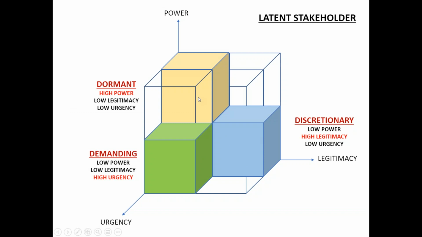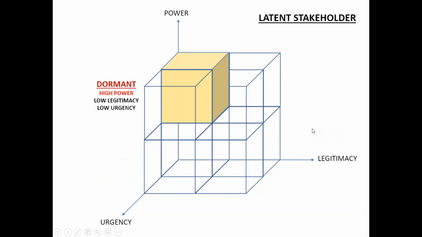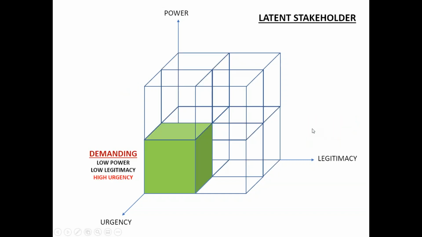So this is dormant. Then the green one is demanding. This blue one is discretionary, right?